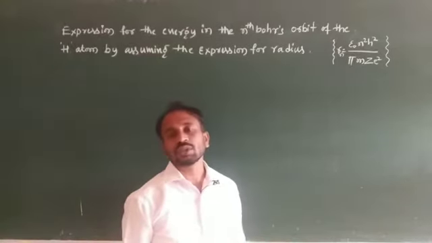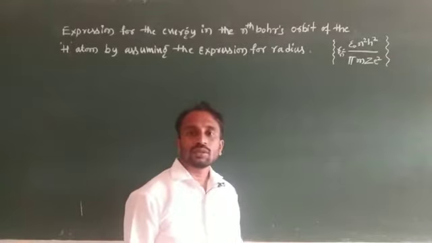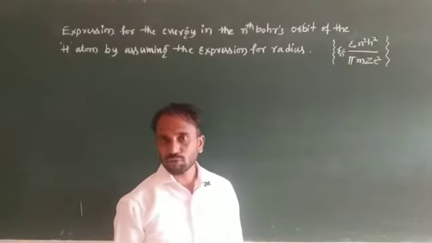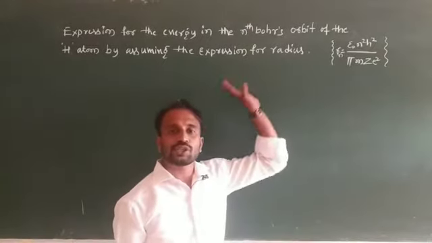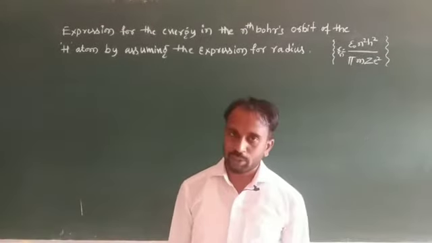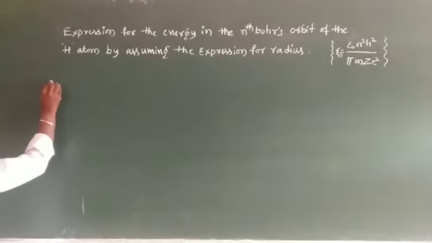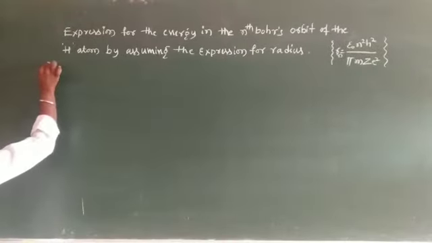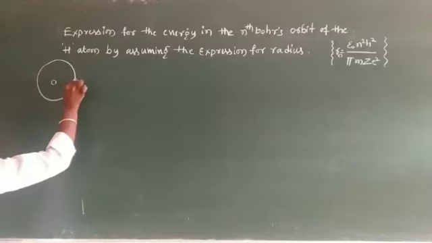We can put this value in the total energy formula, then we will get the energy of the nth orbit. Here we consider a nucleus and an electron revolving around the nucleus in a particular orbit.